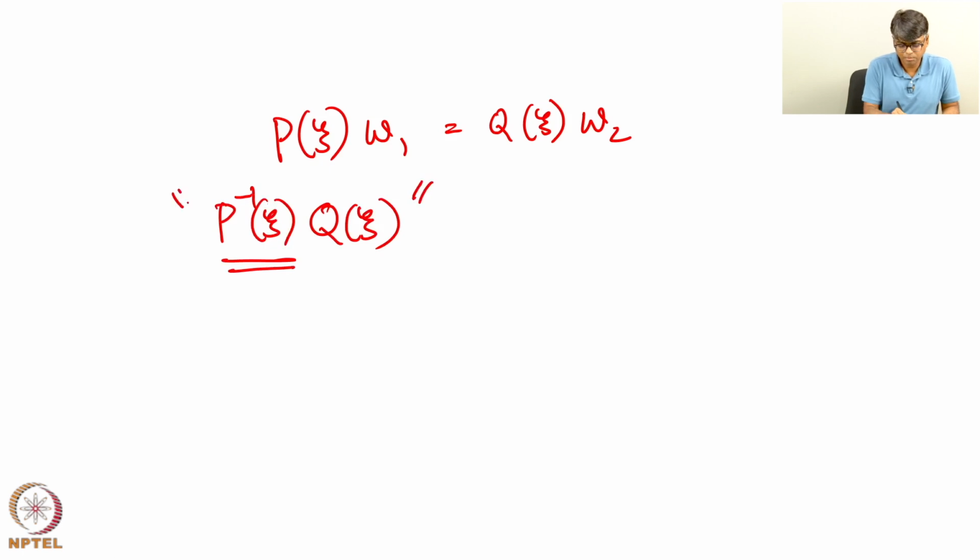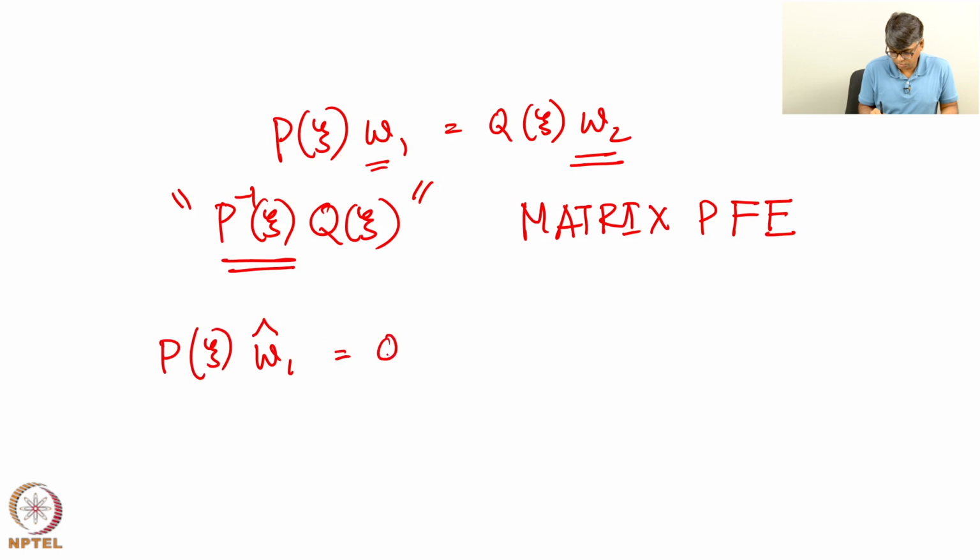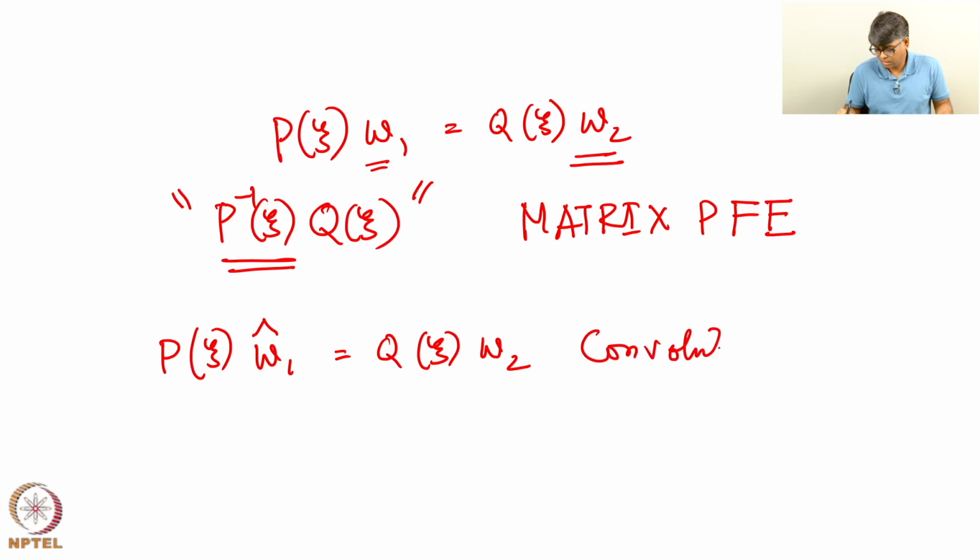This is a rational function matrix, and I can do a matrix version of partial fraction expansion to show that convolution integrals can be used to get a particular w1 hat, so that P(ξ) w1 is equal to Q(ξ) w2, given w2, by convolution integral. That is how you solve. This is a transfer function matrix. That is it. So, in other words, for every w2 there is a solution.